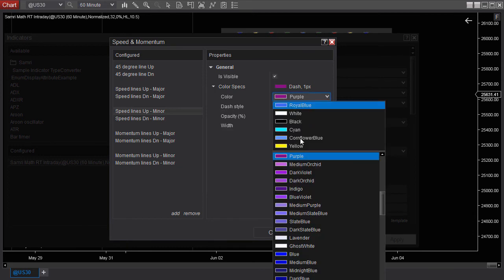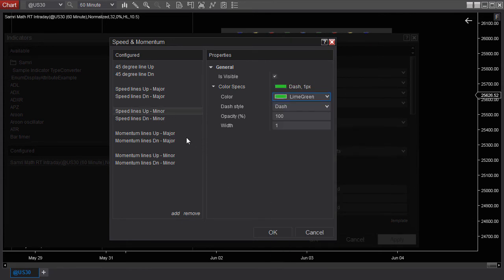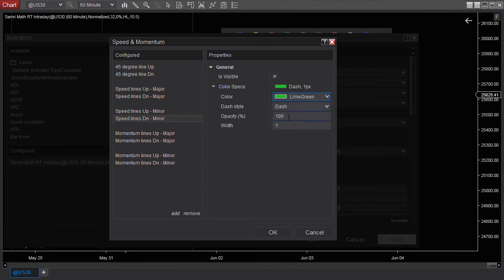If you want something else, let's say something like lime green for the ones pointing up, and lime green again for the ones pointing down. I'm going to make them a little thicker, a lot thicker, and I'm going to change their format to dot.